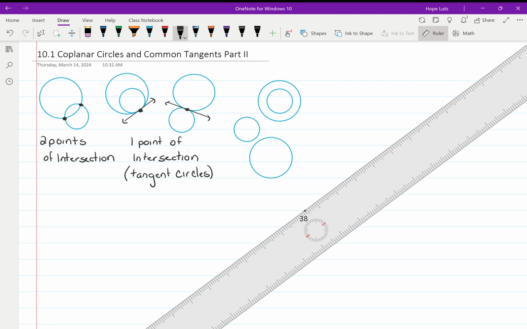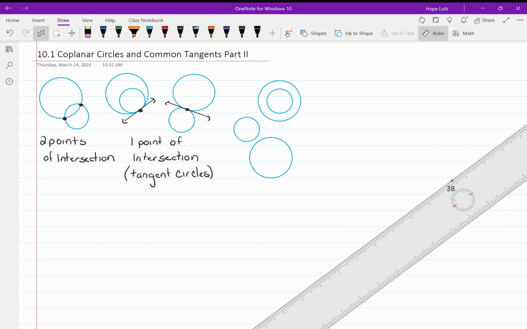And as you can see, the last set of circles, there is no point of intersection. And these are called concentric circles. So we're going to label that one up here because it's one inside the other. So those are concentric circles. That means it has a common inside.